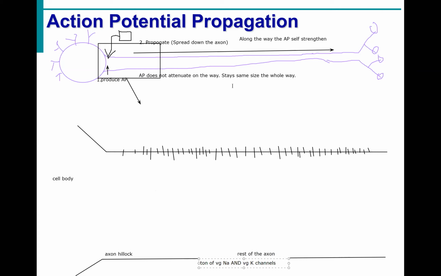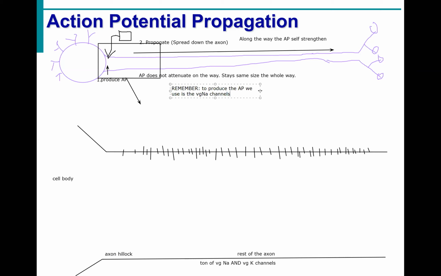However, what we need to remember is that to actually produce the action potential, really all we use is the voltage-gated sodium channels.